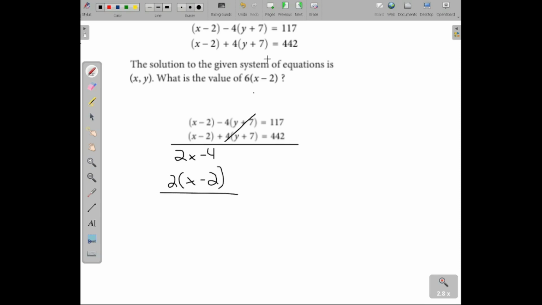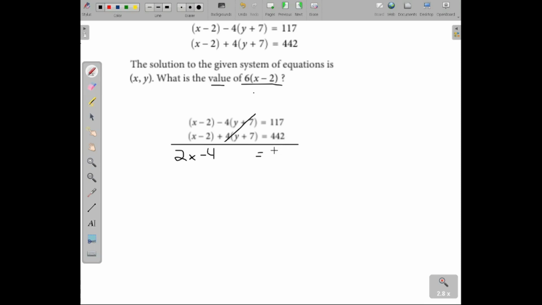And if we look closer, this is almost the same. We just have to multiply it by 3. And then it might look easier, but I'll do it this way.